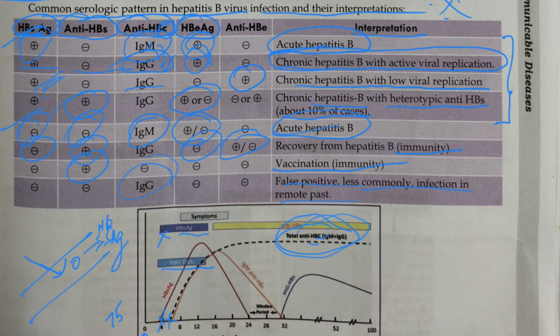So what happens? Anti-HBe starts to appear here. At this point, the anti-HBc antibody becomes IgG, and HBeAg is also present, and that's all.